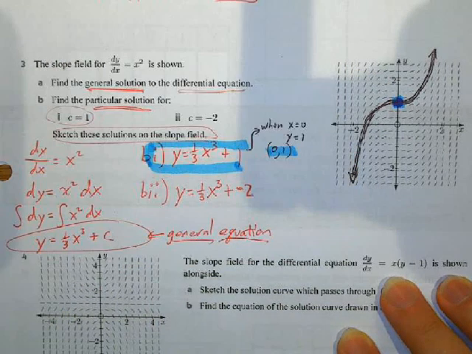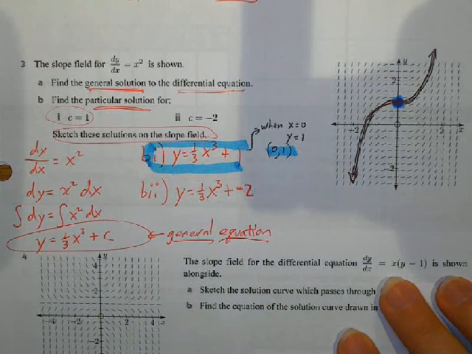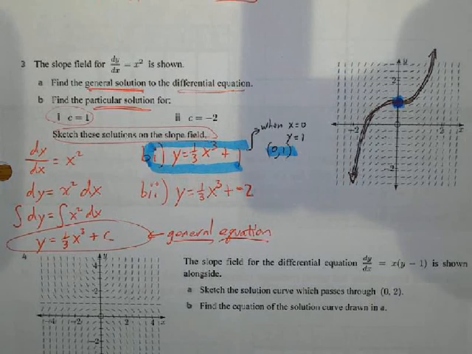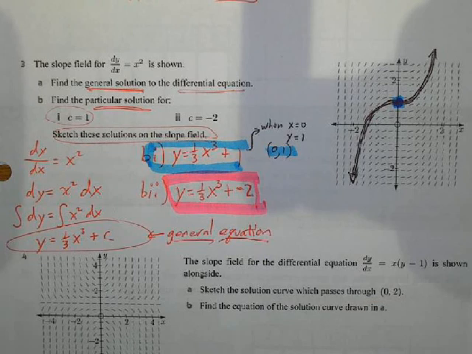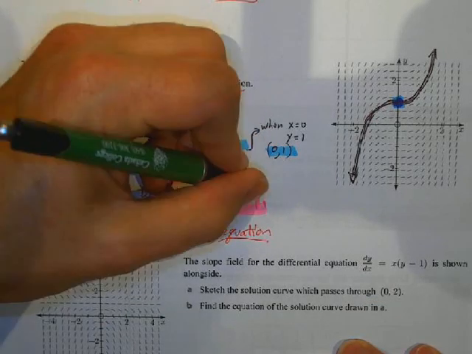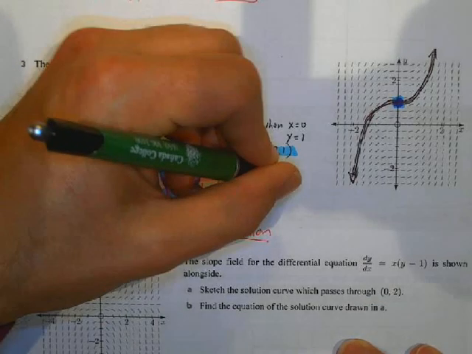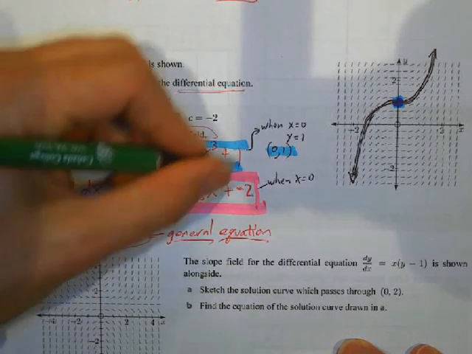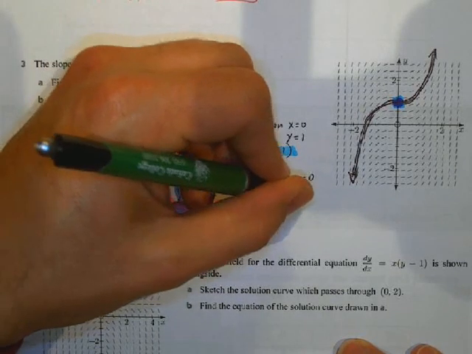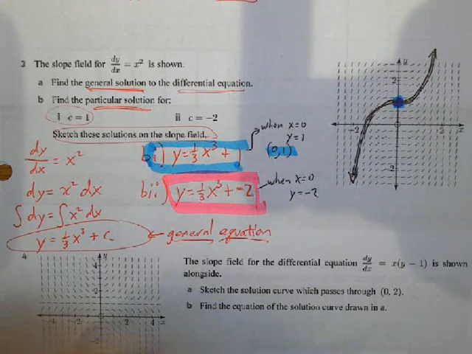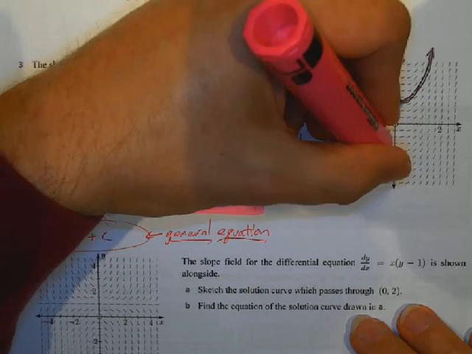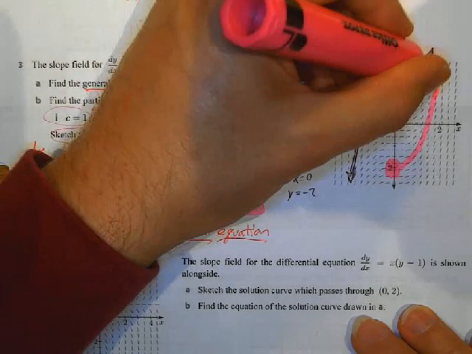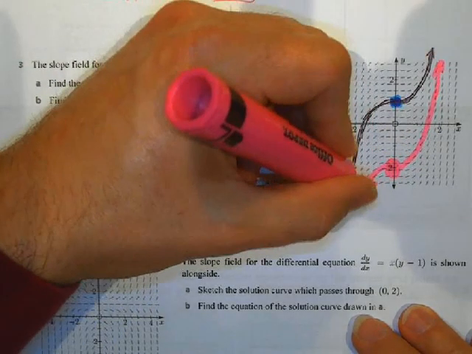That looks like an x cubed graph if I ever saw one. Okay, and now I'm going to do this one here. When x equals 0, y is going to be negative 2. It's going to go through right there, and it's going to go something like that.